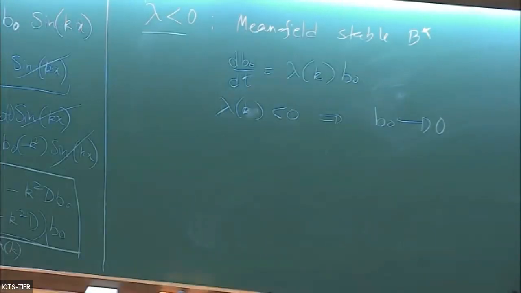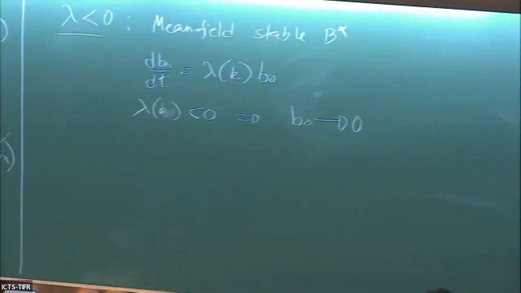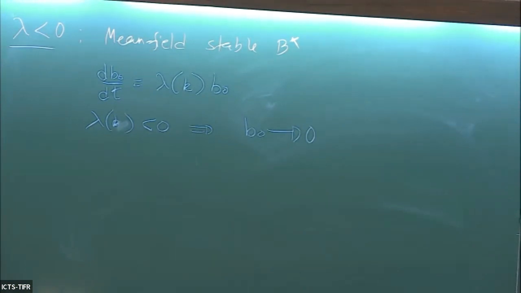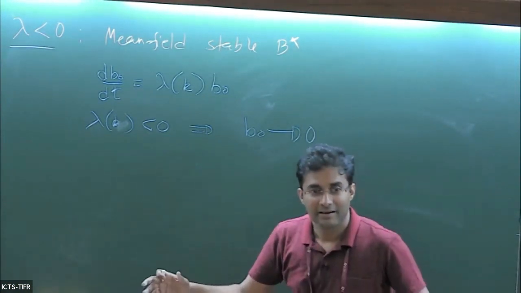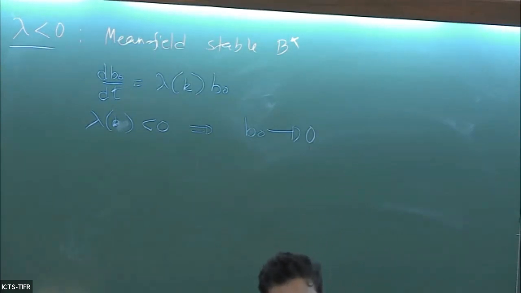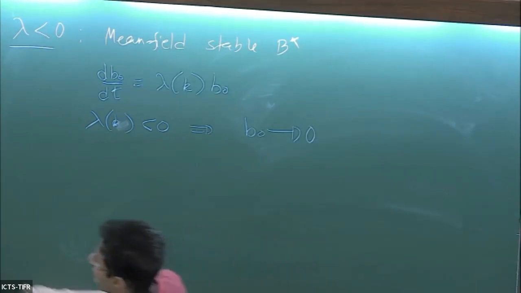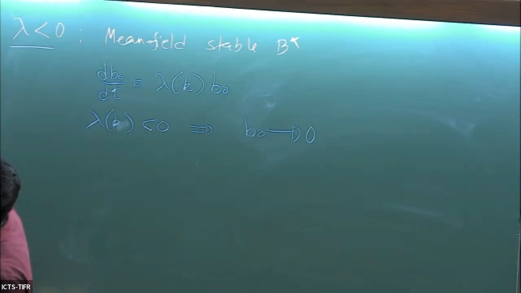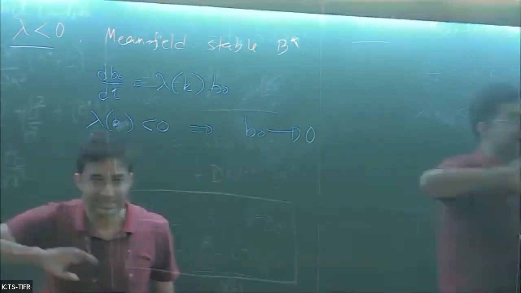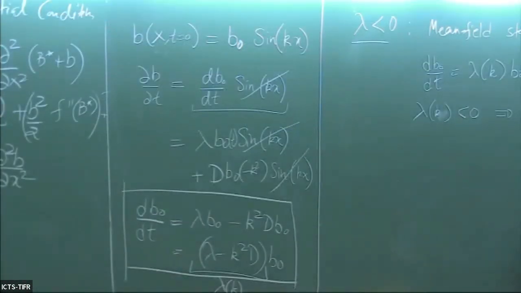So with these, what can I conclude? And remember the Fourier theorem: any function can be represented as a summation of sines and cosines. So even if my perturbed function B of x was something much more complex, I could have written it as a summation of various sines and cosines, but each of them exponentially dies off.